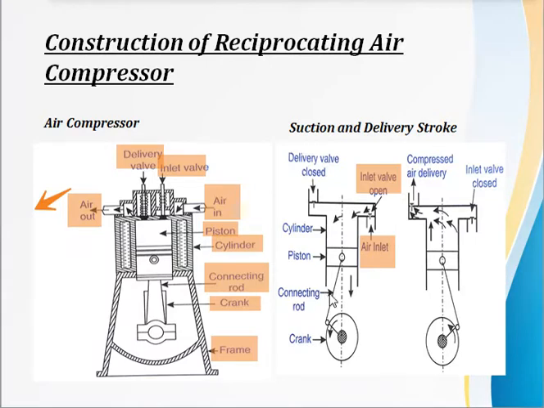Now when the piston again starts moving from the bottom dead center to the top dead center, the inlet valve closes and when the piston reaches the top dead center, the delivery valve opens. So you can see clearly here, inlet valve is closed when the piston is moving in which direction? In the upward direction. Here the piston is moving in the downward direction. Upward direction means bottom dead center to the top dead center.